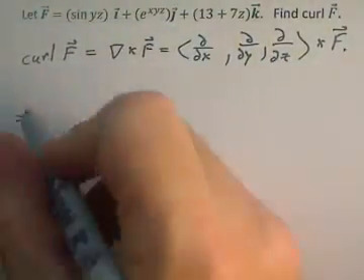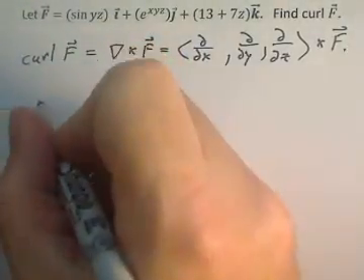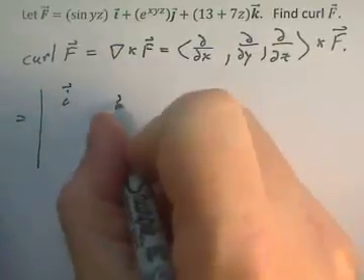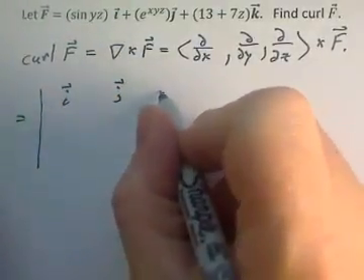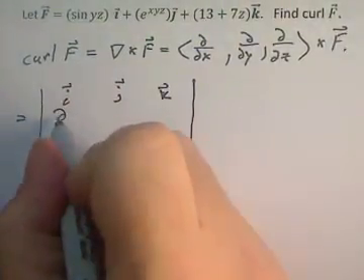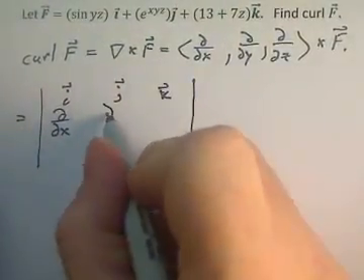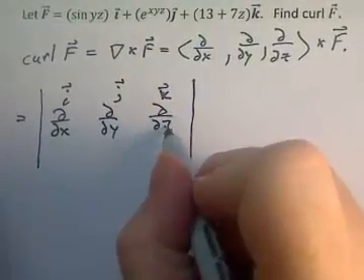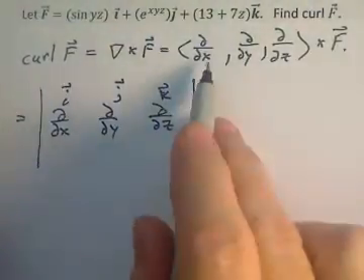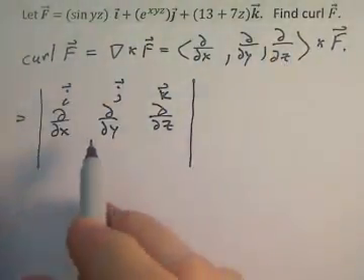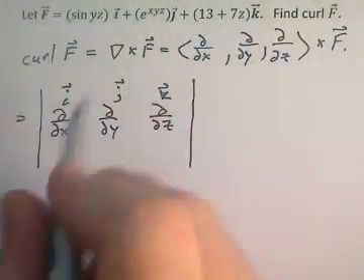If you can take ordinary cross products, you can certainly calculate these things. I'm going to have i, j, k here, and then partial with respect to x, partial with respect to y, partial with respect to z for the second row, which is this vector, or operator, and F fills out the bottom row.